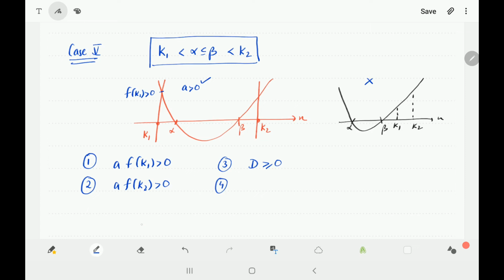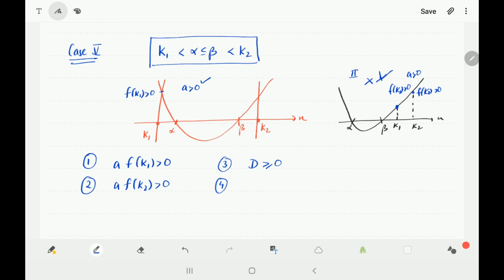If you see, these three conditions are also applicable on this particular diagram, diagram 2. You see here also f of k1 is positive, a is positive, and f of k2 is also positive. So the first condition will satisfy this particular case, the second will also satisfy, the third will also satisfy, but we don't require this particular case, we require the first one.